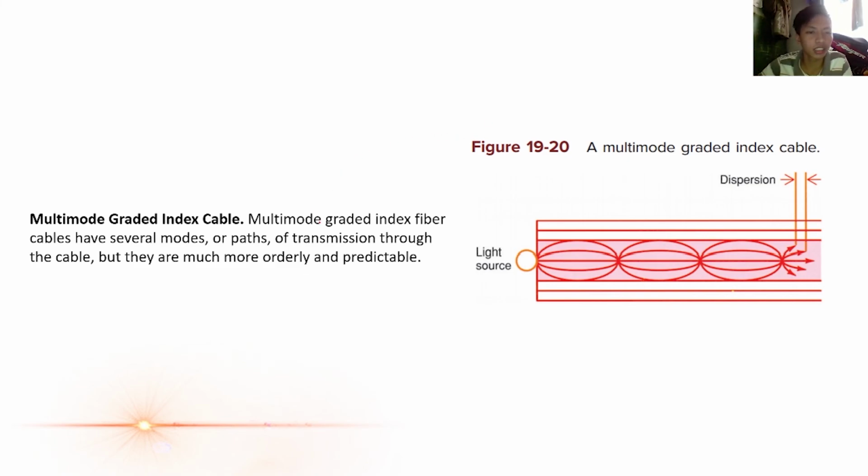So as you can see, in this one, this is somehow predictable. Have several modes or path transmission, but they are much more orderly and predictable. So it embraces the fact that I cannot avoid the multiple pathways of the light.